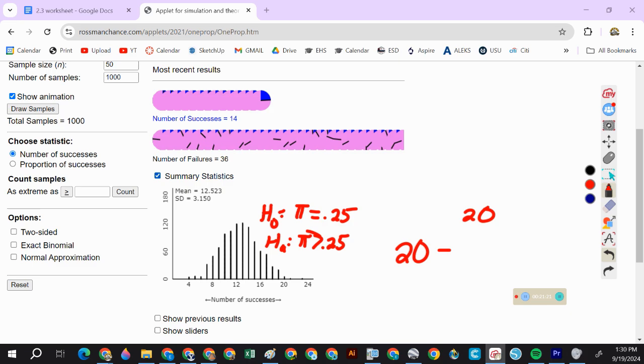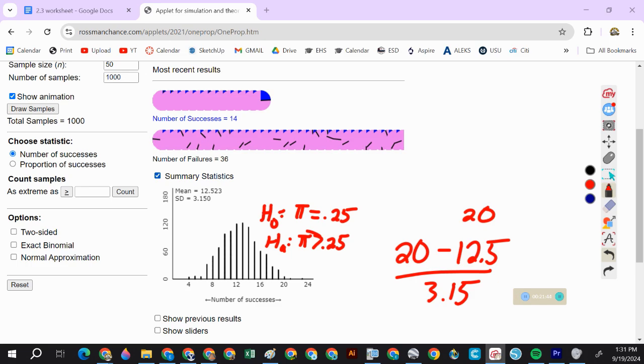So my mean is 12.523. Do I really expect 12.523? No, I expect 25% of 50, which is 12.5. So 20 minus 12.5 divided by 3.15.